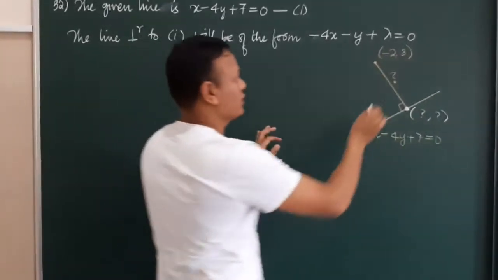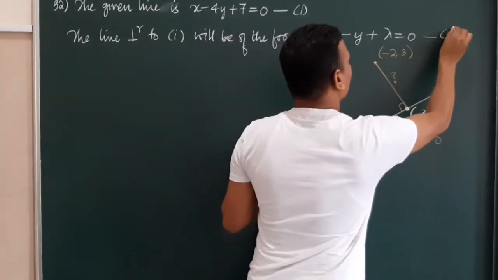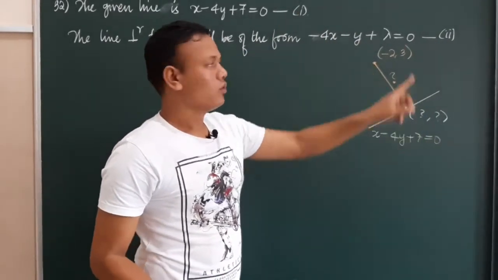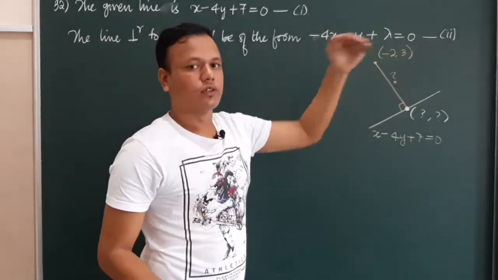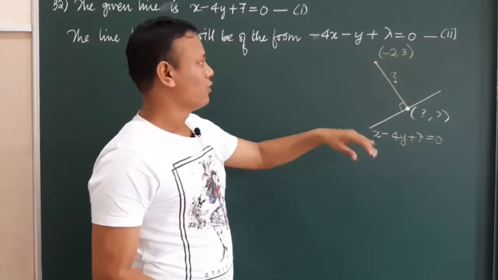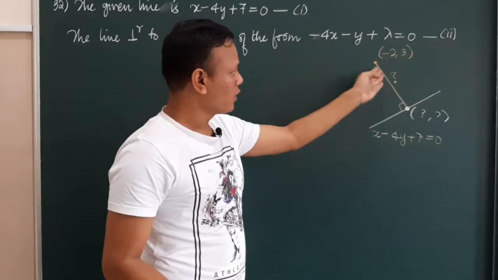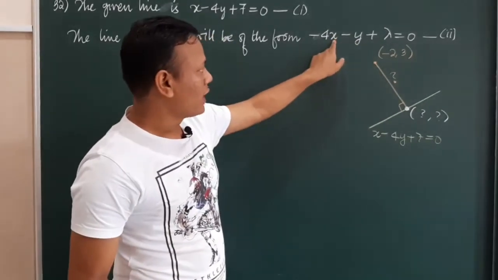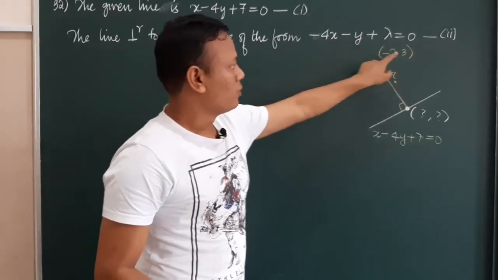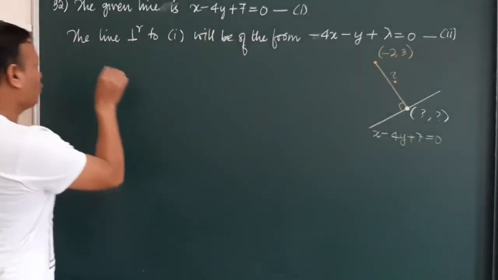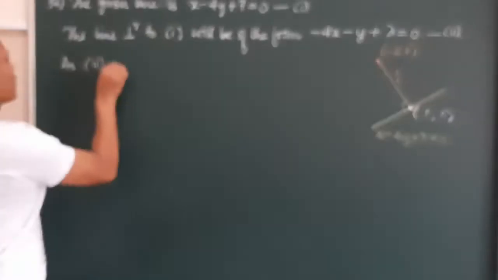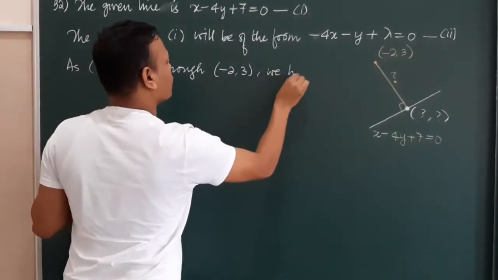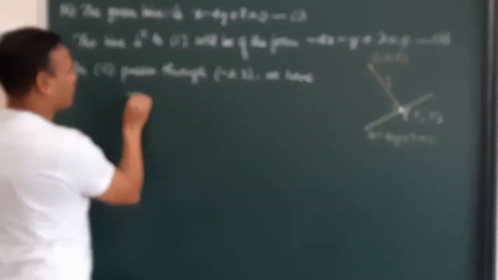Let me call this equation 2. Basically this is the equation of this particular line, but we don't know the value of lambda, so we need to find it. As this line passes through (-2, 3), we can substitute the value of x as -2 and the value of y as 3.